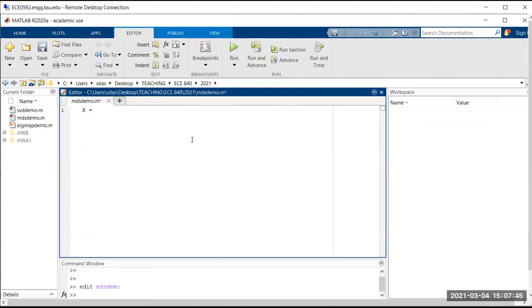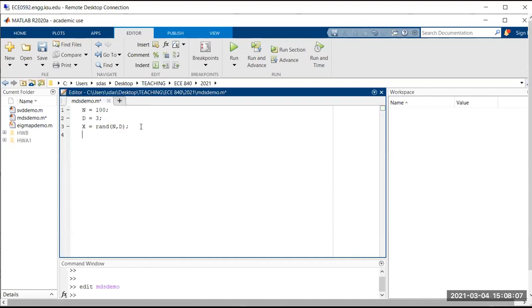X equals rand n comma d. This is n equals, let's say, 100 points and d equals three-dimensional points.